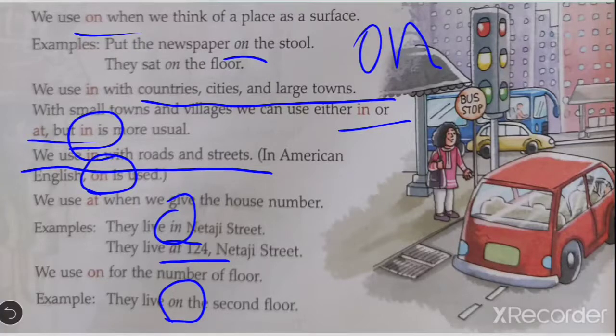So students, I hope that prepositions of place is clear to you. If you have doubts, you can write in the comment box.